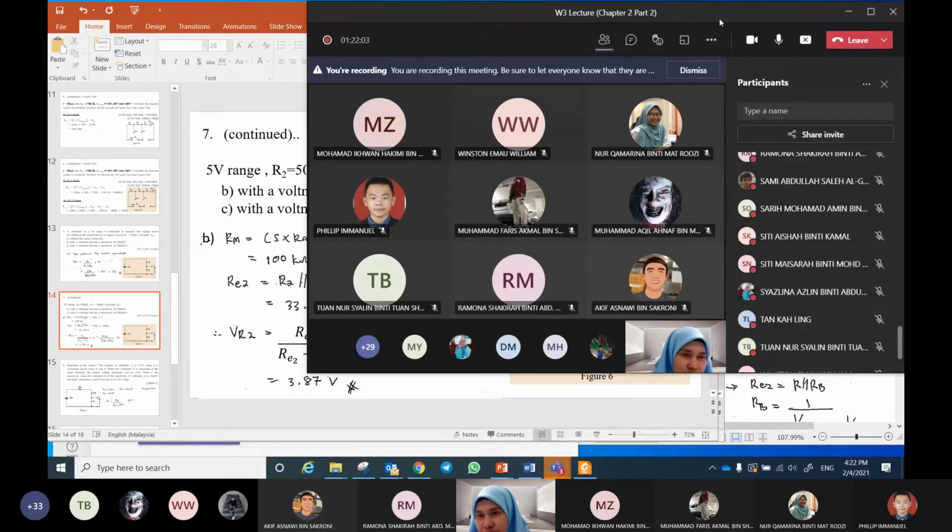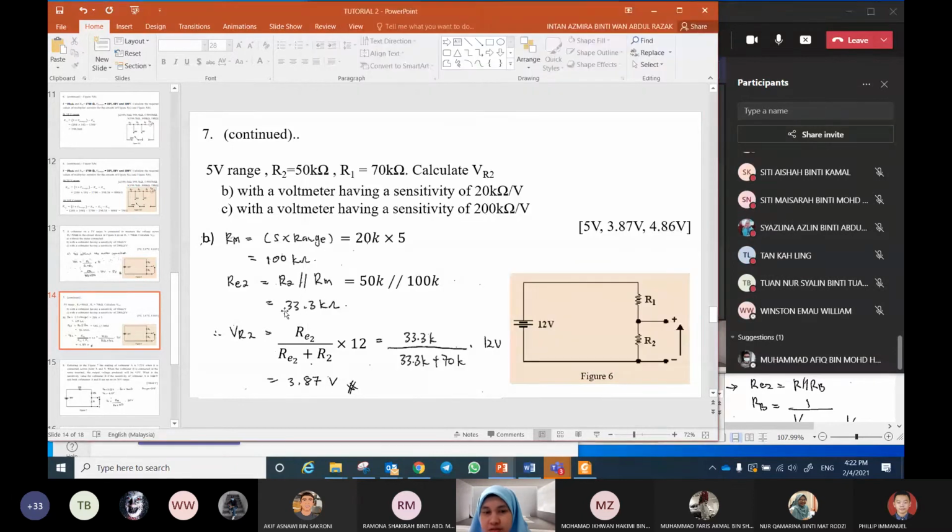Because during face-to-face class, I like to ask my student. Tan Kah Ling. Okay. For voltmeter with sensitivity 200 kilo ohm per volt, what is the R total of the voltmeter? Sorry, doctor, I haven't counted.